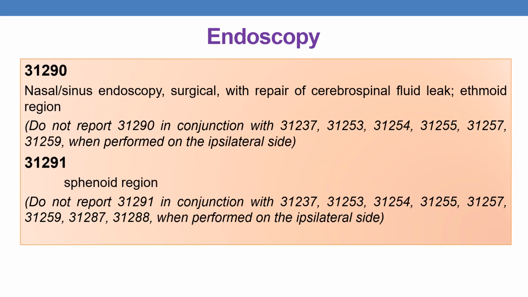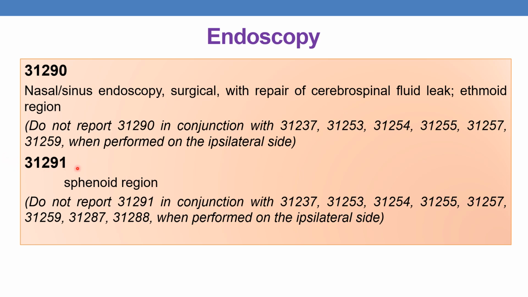The next CPT is 31290. It deals with nasal or sinus endoscopy, surgical with repair of cerebrospinal fluid leak, ethmoid region. And do not report 31290 in conjunction with all the listed CPTs whenever they are performed on the ipsilateral side.